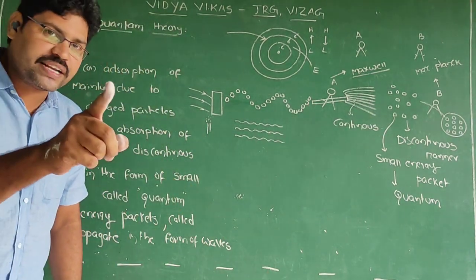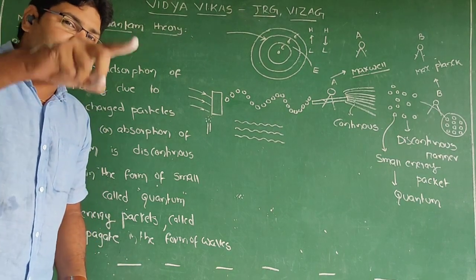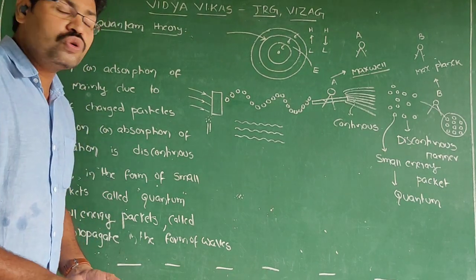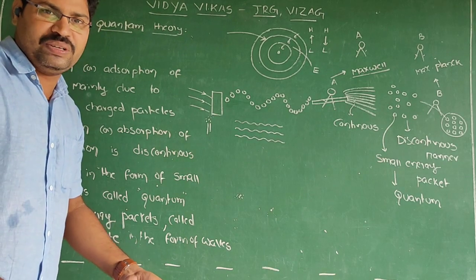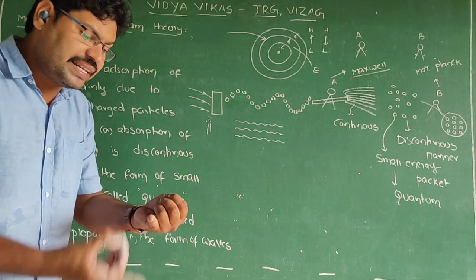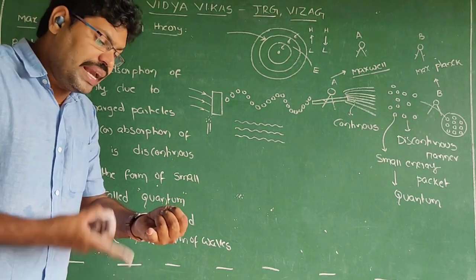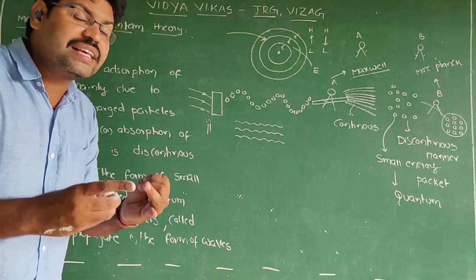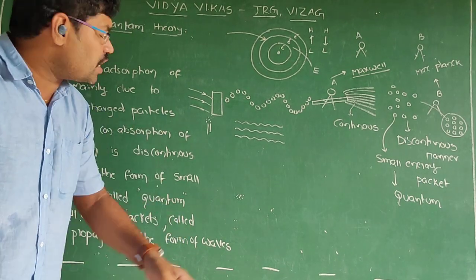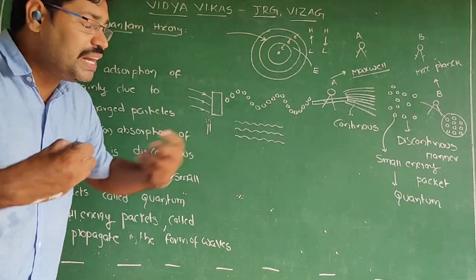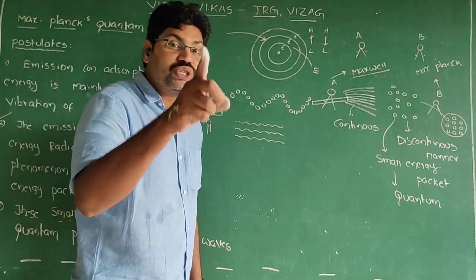And that's why, dear students, Max Planck is the first man who strongly believed that light not only has particle nature, light not only has wave nature, light has dual nature. Dear students, Mr. Max Planck is the first man who believed that light has dual nature.